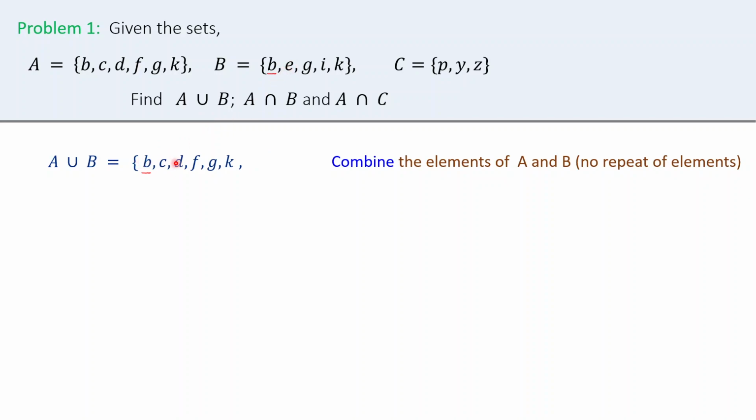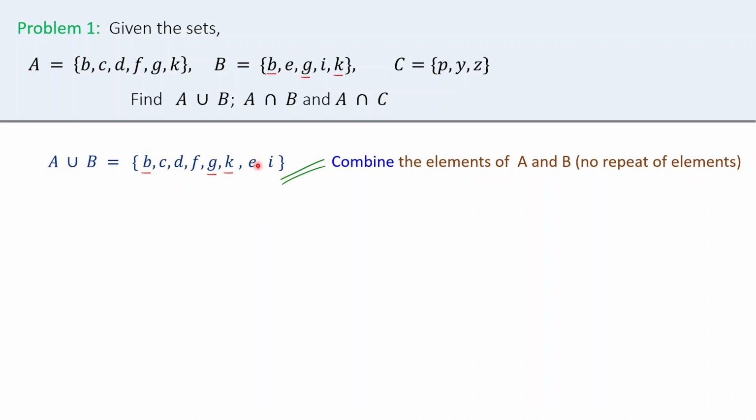E is not here, so add E. G is already here. I is not here, so add I. This K is already here. This is A union B.